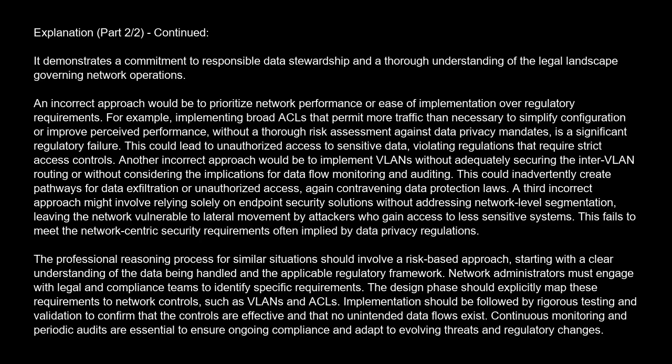This could lead to unauthorized access to sensitive data, violating regulations that require strict access controls. Another incorrect approach would be to implement VLANs without adequately securing the inter-VLAN routing or without considering the implications for data flow monitoring and auditing. This could inadvertently create pathways for data exfiltration or unauthorized access, again contravening data protection laws.